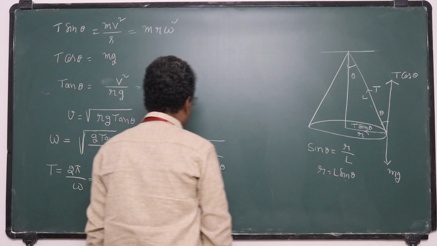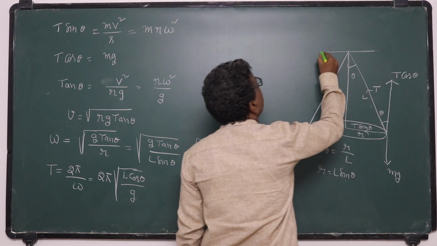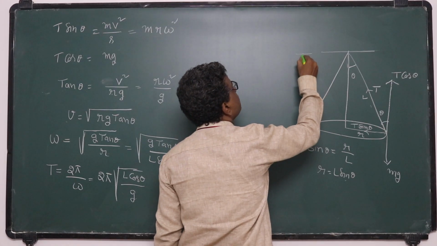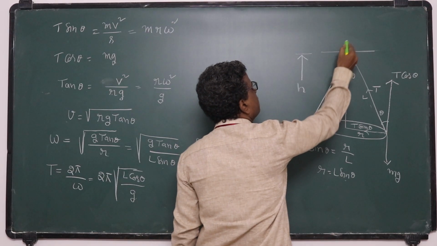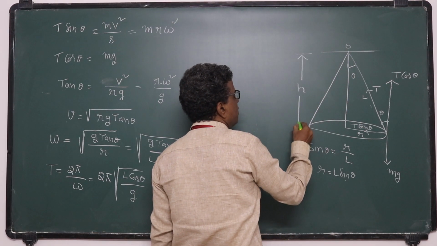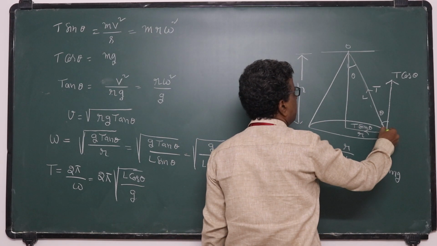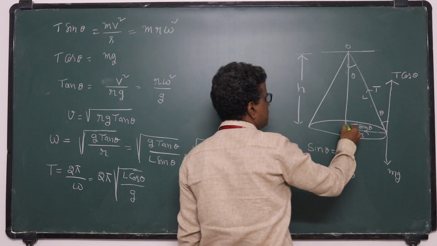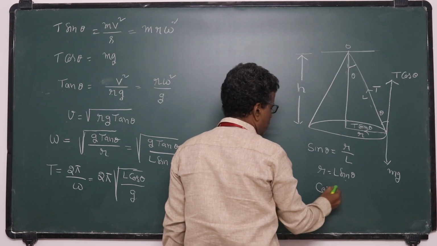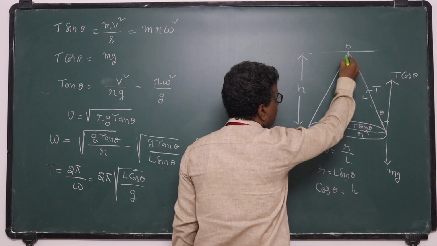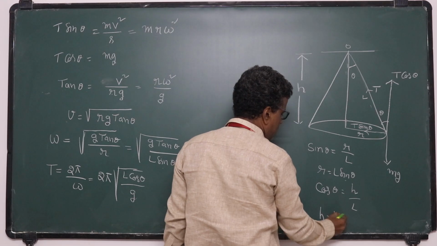Okay, so this L cos theta, this is L. If you take this height as h, from the point of suspension to the bob, the height of the bob, and this is the length of the string L, this is theta, then this h becomes L cos theta. From this triangle, cos theta is equal to h by L, so h is equal to L cos theta.